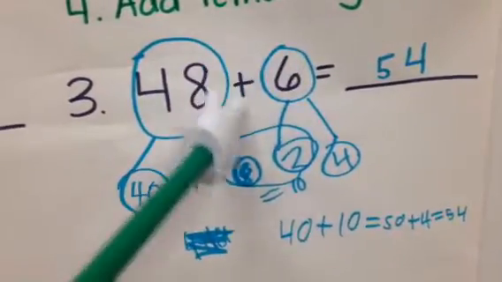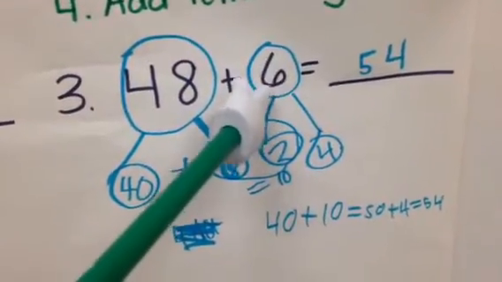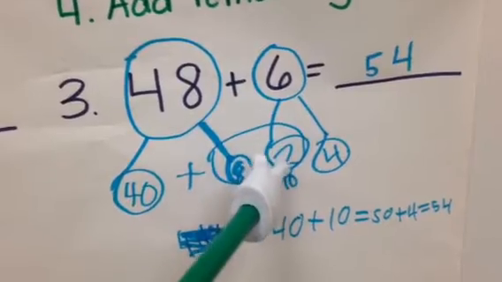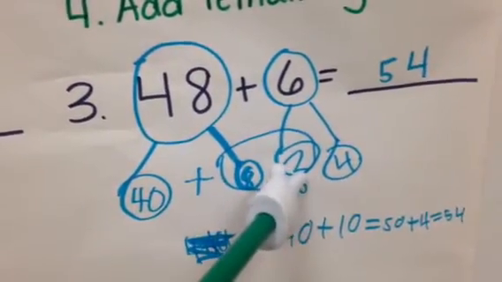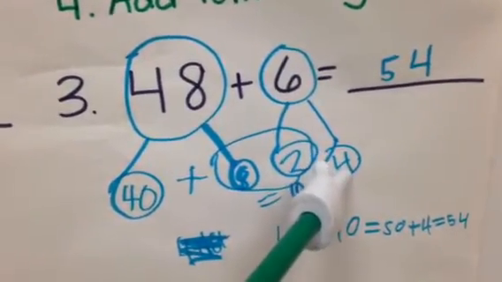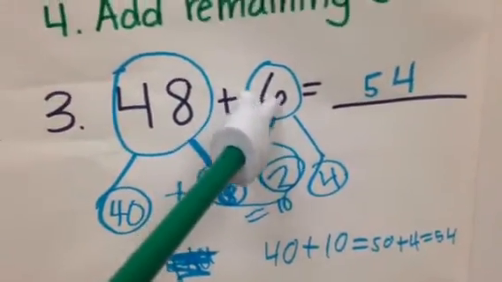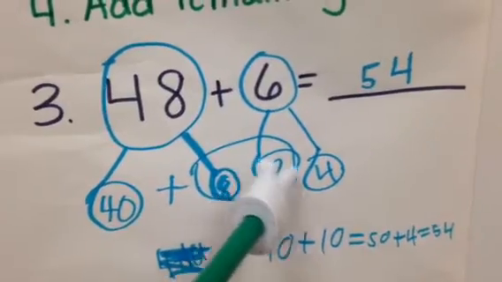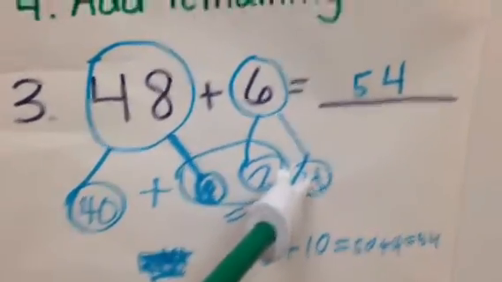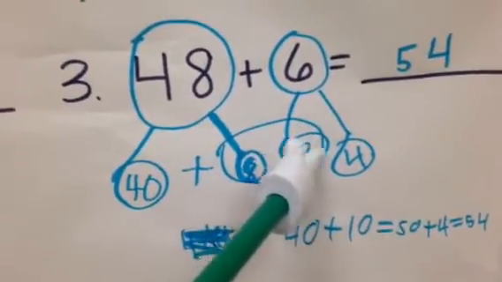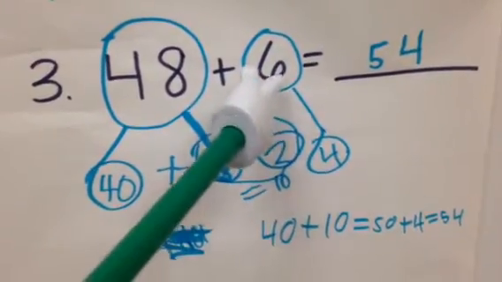So you're going to number bond here, the 6. We're going to take a 2 out, and then we're going to put a 4 here. I know I need a 4 here because I think to myself, 6 minus 2 equals 4. And then I can check it. I can say 2 plus 4 equals 6.